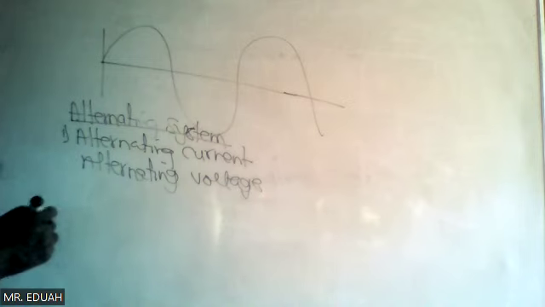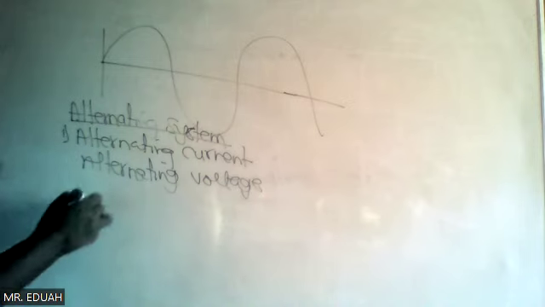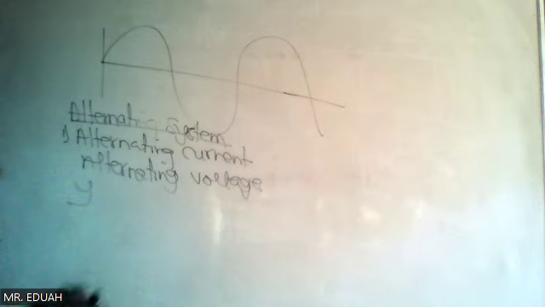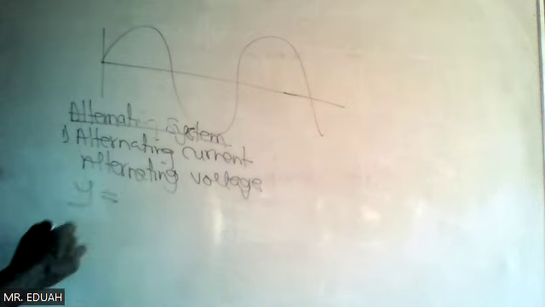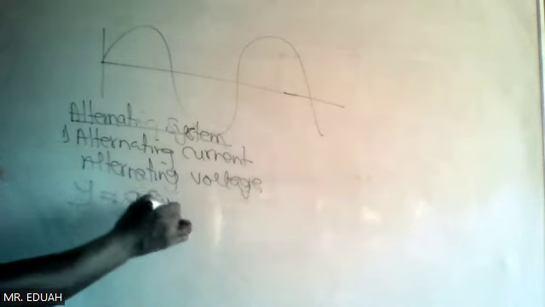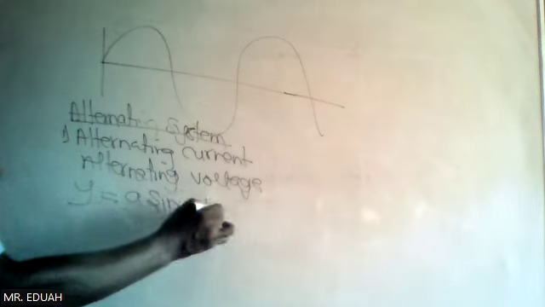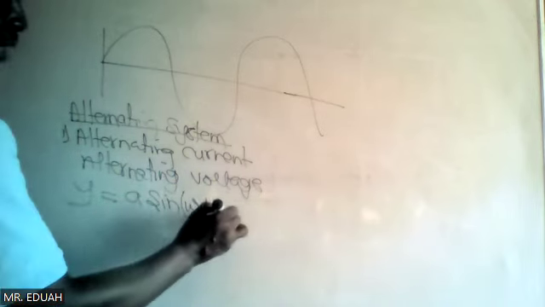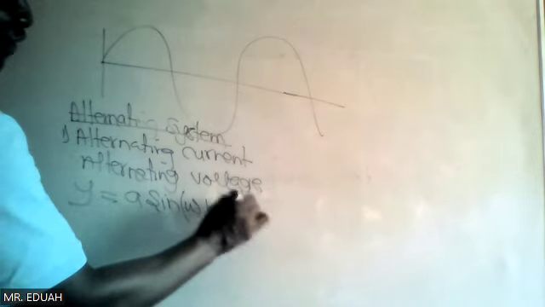Any harmonic function mathematically is represented by the displacement equation of a body executing simple harmonic motion, where y is equal to A sine omega t, or A sine omega t plus or minus phi.